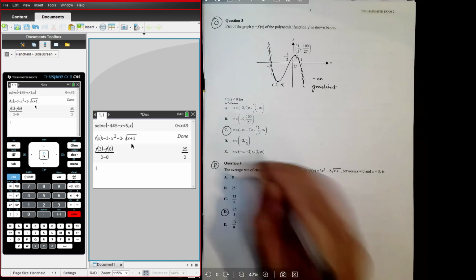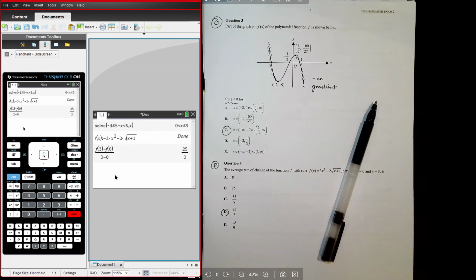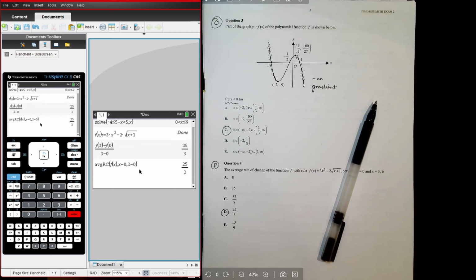Option D. Notice that there is a shortcut. It's called AVGRC, average rate of change. F of x from x equals to 0, 3 minus 0. If you start from 1, then you take a 3 minus 1 here, like an interval length or step size. So it's still 25 over 3, okay? Yep, let's move on and look at the other questions.